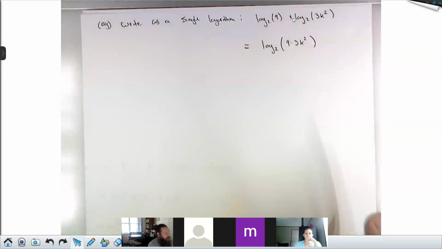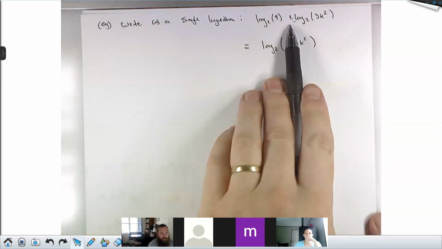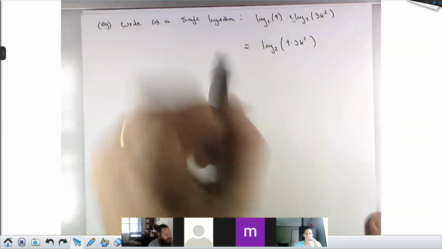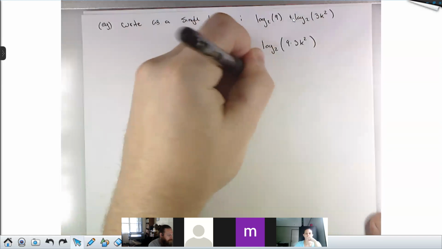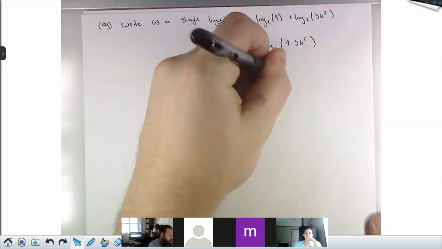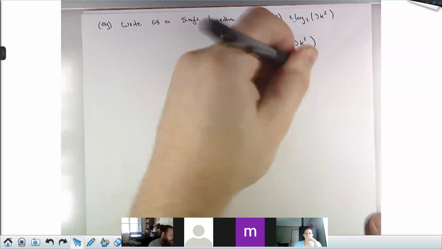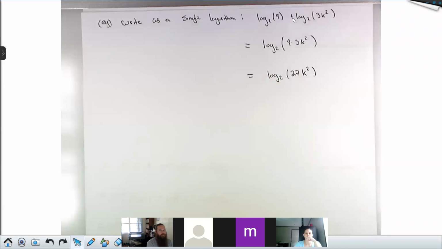Addition outside the log is the same as multiplication inside the log. And then 9 times 3 is 27. So I would say this is log base 2 of 27k squared. That gives us our single expression.